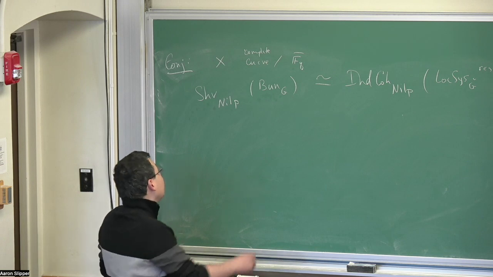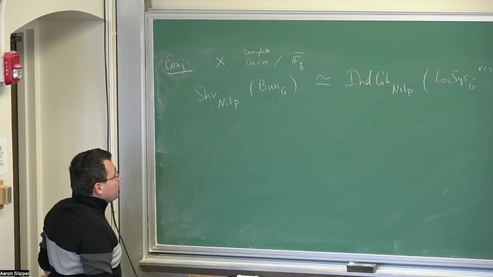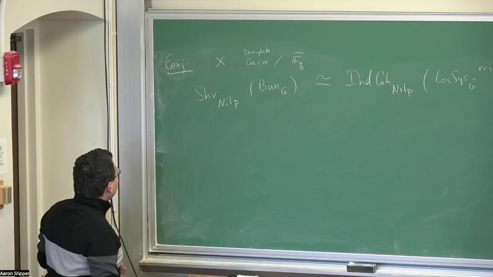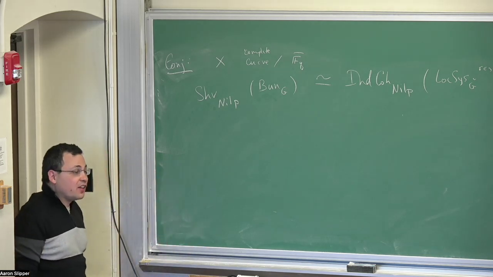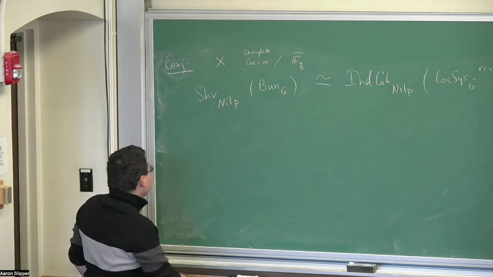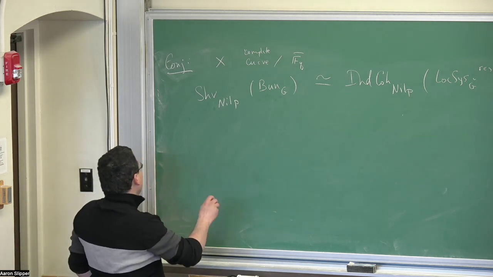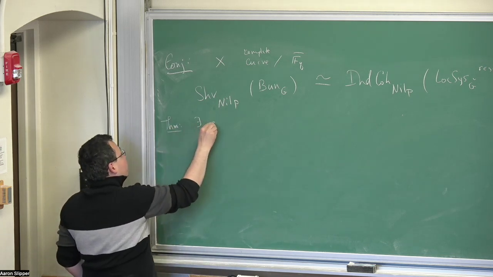Let me briefly say what evidence there is for that conjecture. I guess it's now a theorem for GL_n. But even before that, we proved that there's an action.